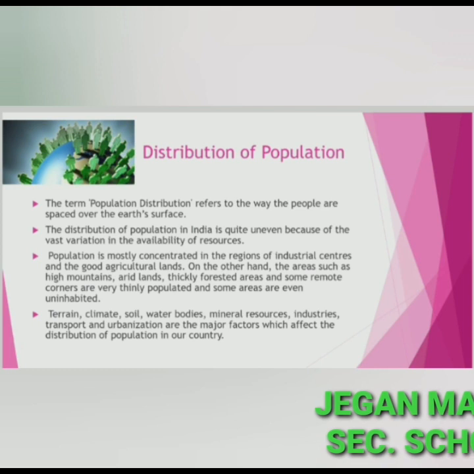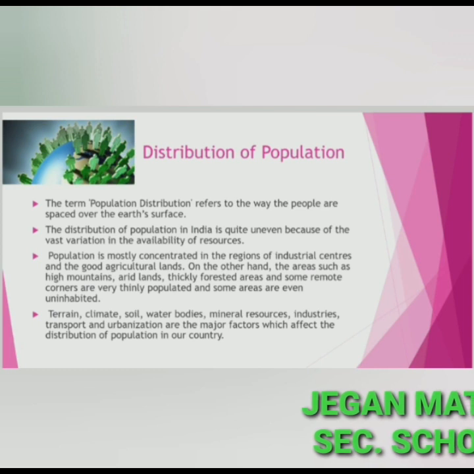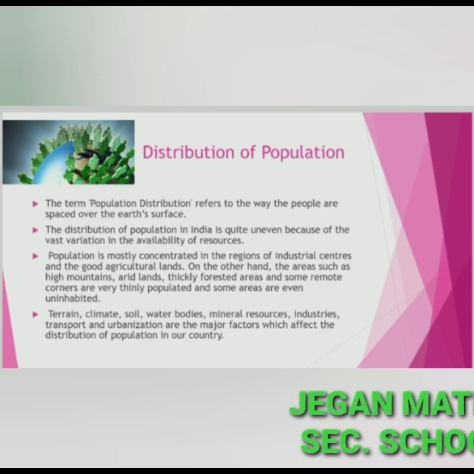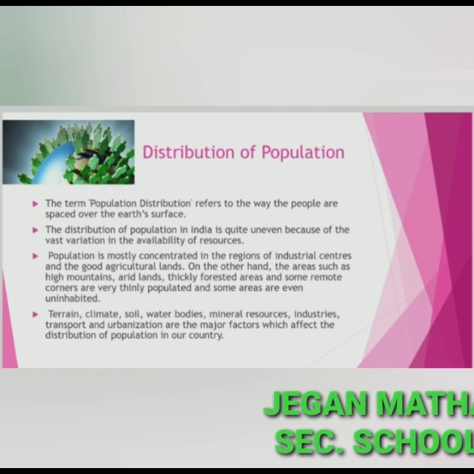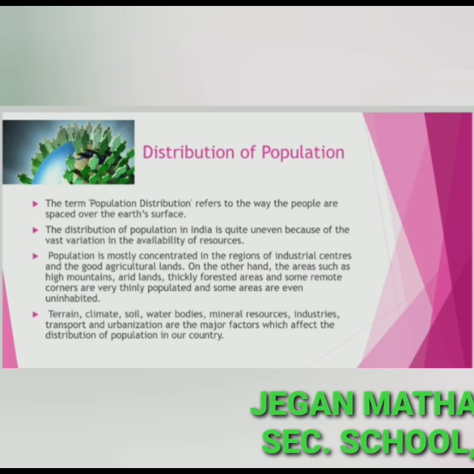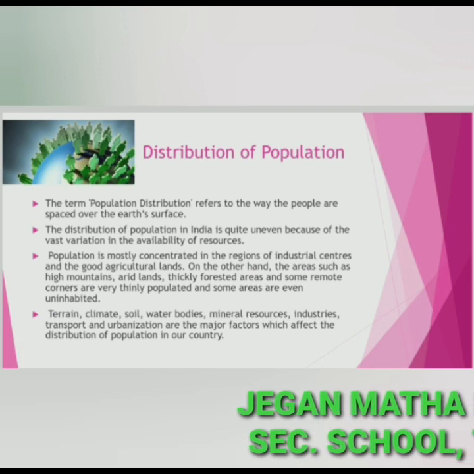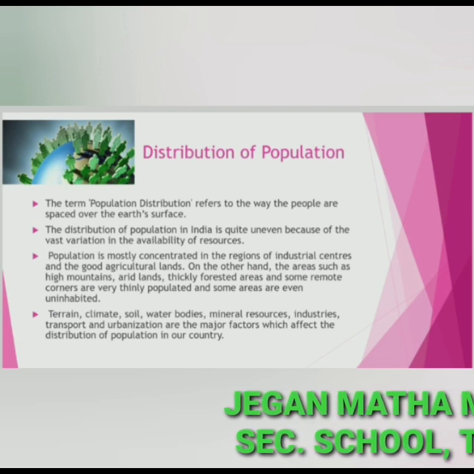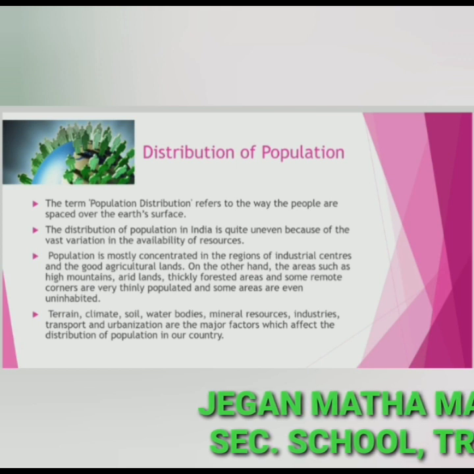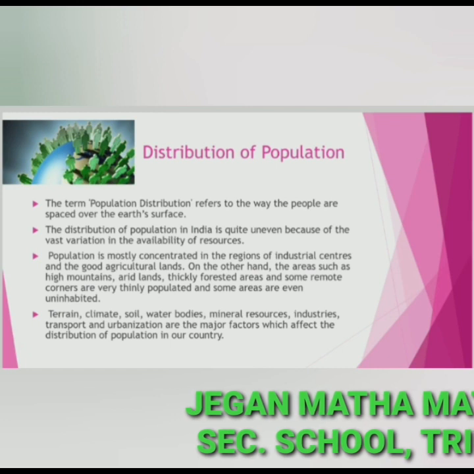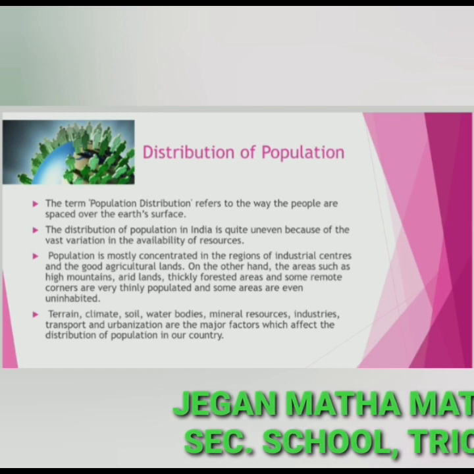Population is mostly concentrated in the regions of industrial centers and good agricultural lands. On the other hand, areas such as high mountains, arid lands, thickly forested areas, and some remote corners are very thinly populated, and some areas are even uninhabited.